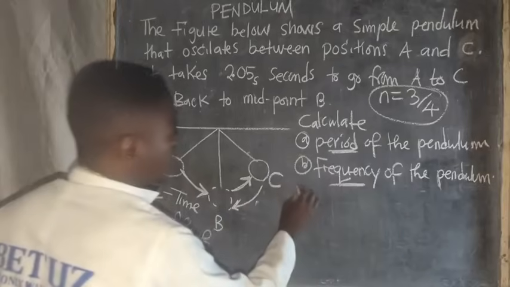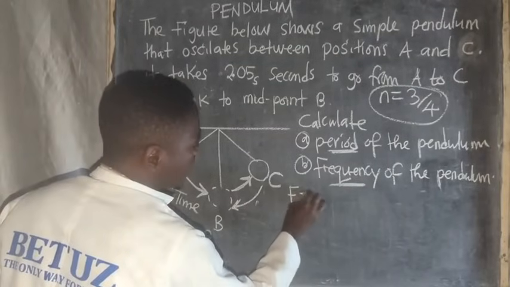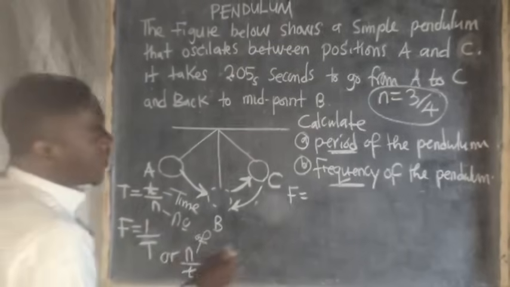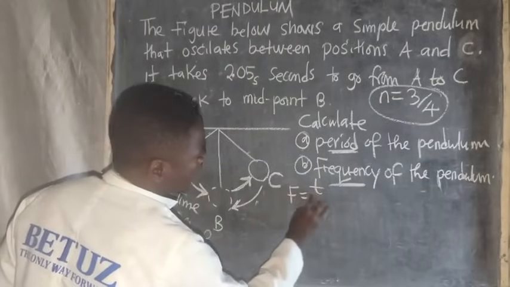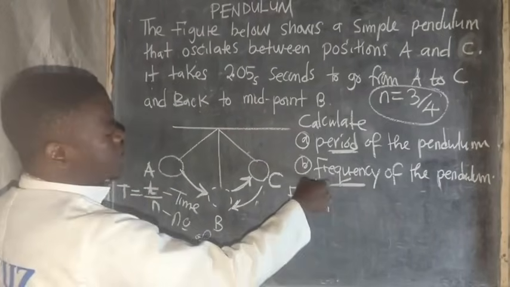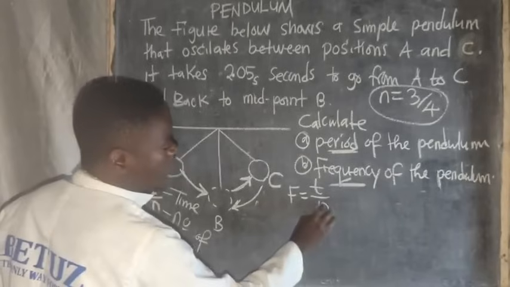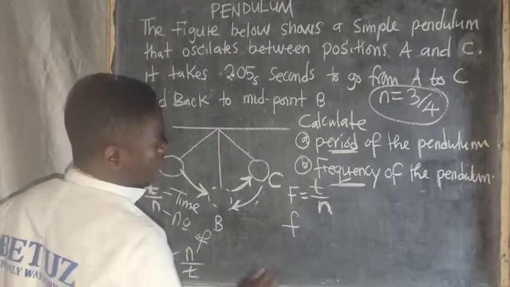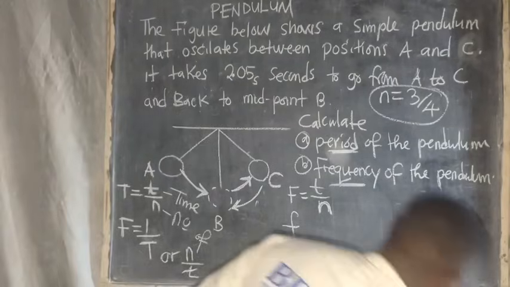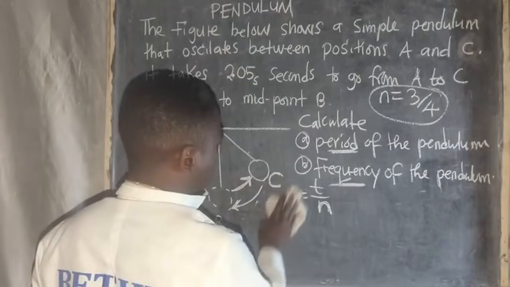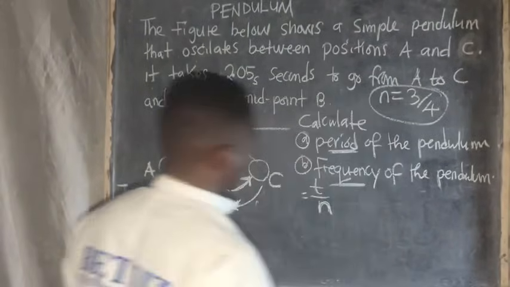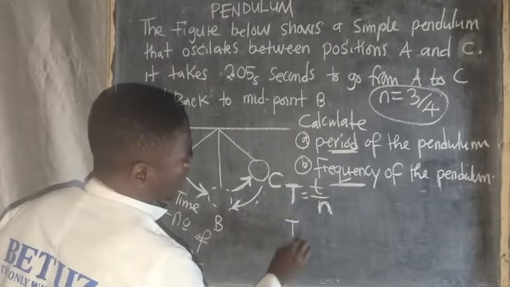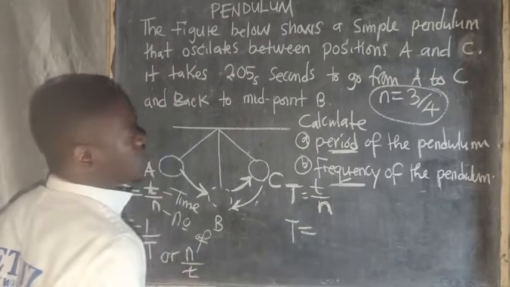So the first question here, period. Period is equal to what? Period is equal to this formula that I've written here, which is T over N. This is time. This is number of oscillations. So period, capital letter T, is equal to T, time.